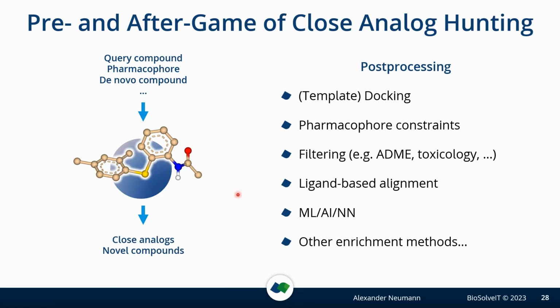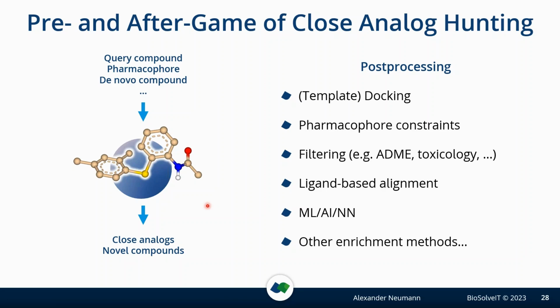Obviously, anything that I mentioned for the post-processing part, you could just do template docking. I put template in brackets because this is actually very interesting. Since you are looking for close analogs, it would make sense to just use a doc structure you already have at hand to accelerate the subsequent visual screening to see what of those compounds may be of relevance to you.